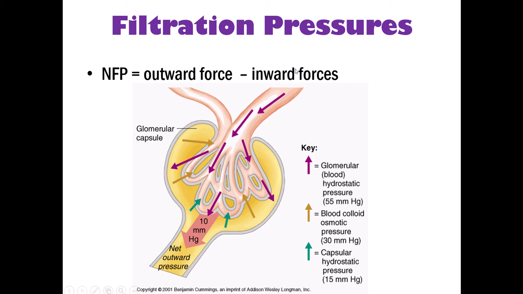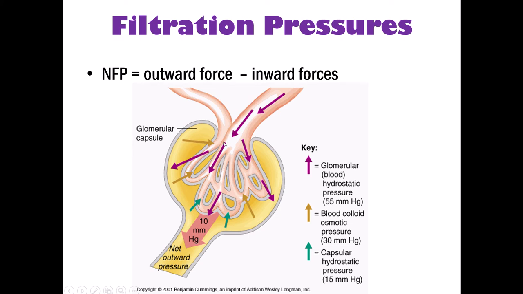But those 2 inward forces are not enough to overcome that very, very large glomerular blood pressure as an outward force, and we still get a net outward pressure and filtration occurring.